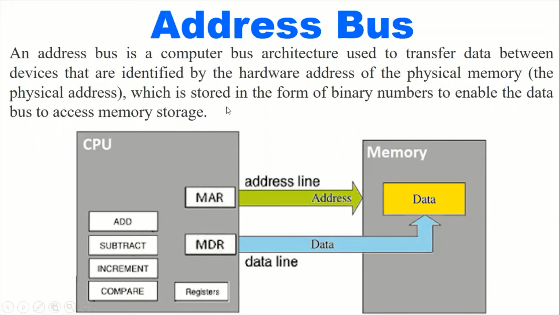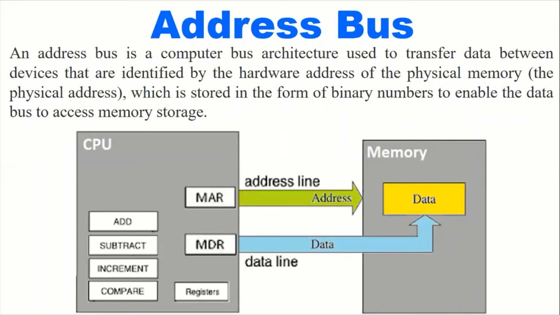So the address bus is responsible for carrying the address of a particular piece of data that has to be processed from the computer's memory. Data is stored in the computer memory, and each and every piece of data has a separate address. With that address, the computer can recognize the data.